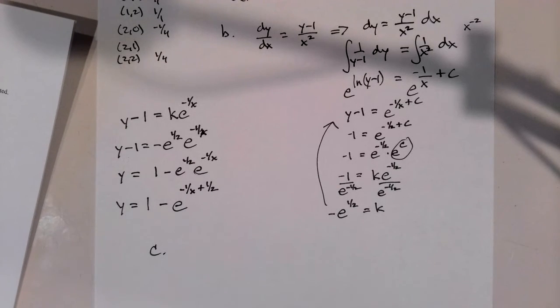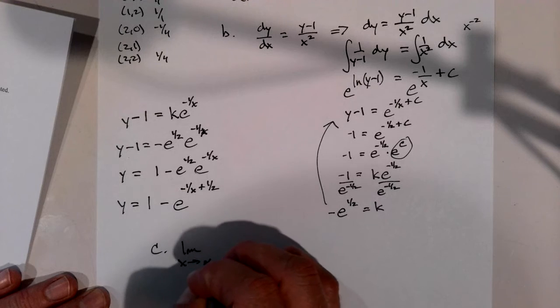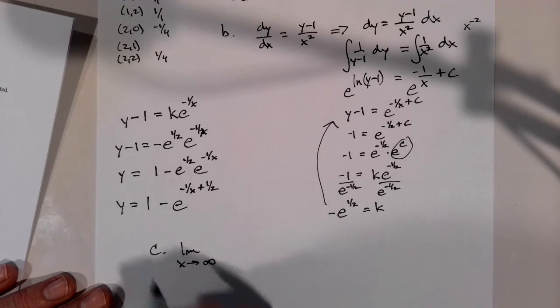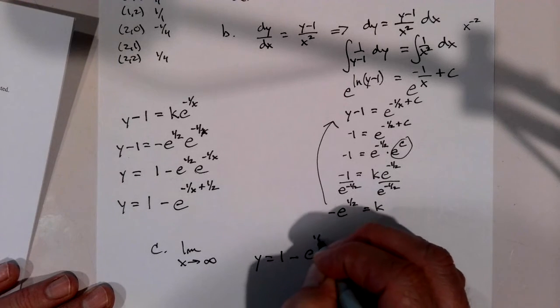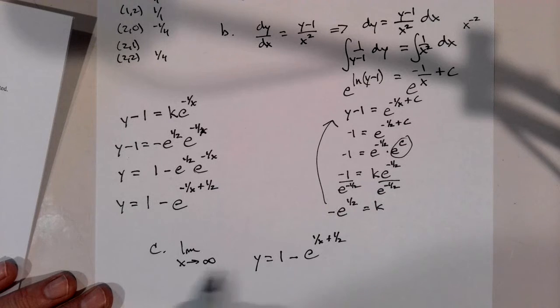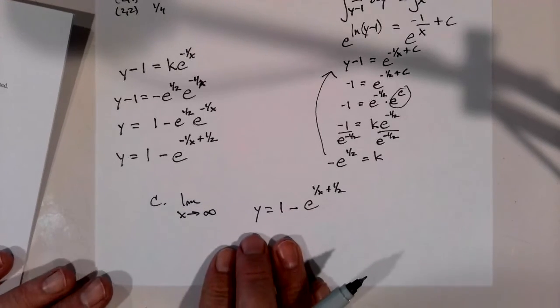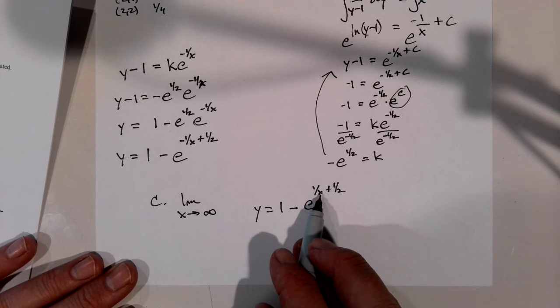Finally, part C says, find the limit as x goes to infinity. If we look at y is equal to 1 minus e to the 1 over x plus a half, and we let x go to infinity, we would end up with 1 over a really large number, which really ends up being 0.